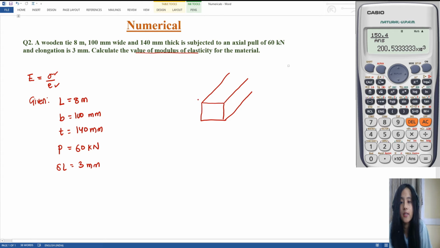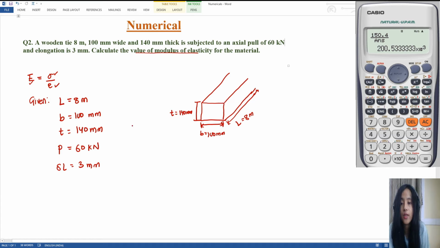Wooden tie, and let this be its length, L is given 8 meter, and this is its width B is given 100 mm, and this is its thickness T, or it can also be D, T is given 140 mm. So this is the wooden tie here. Now for this wooden tie we have to find the modulus of elasticity E, right?